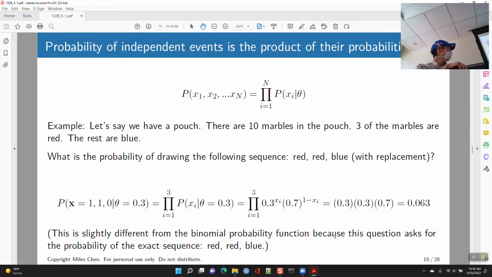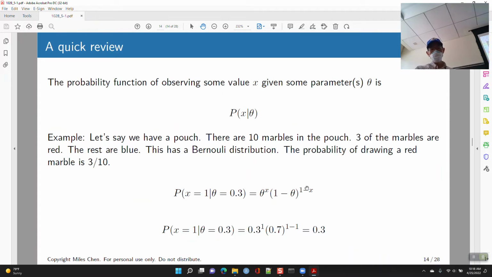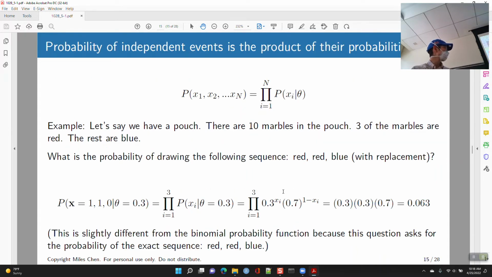Let's say I ask, what's the probability I get this exact sequence: red, red, blue? Every draw is with replacement. Because each draw is independent, we take the product of the resulting probabilities: 0.3 times 0.3 times 0.7, which gives 0.063.